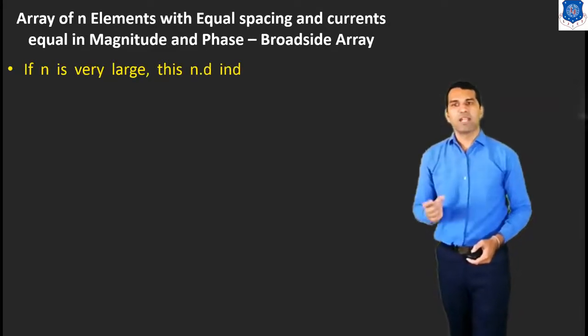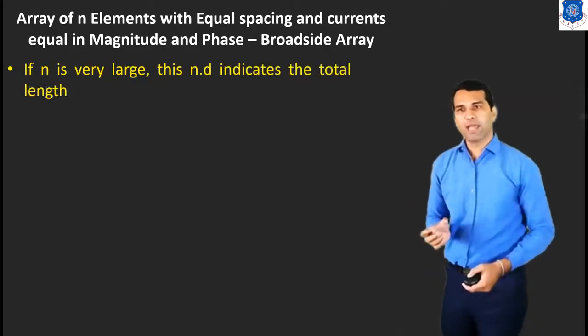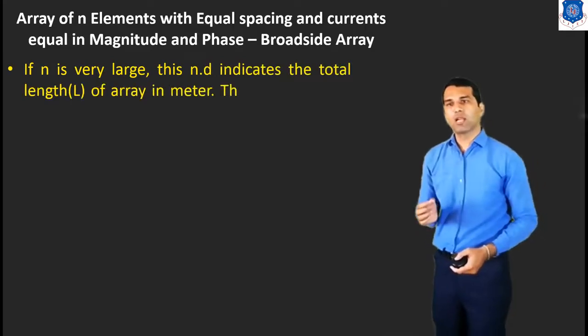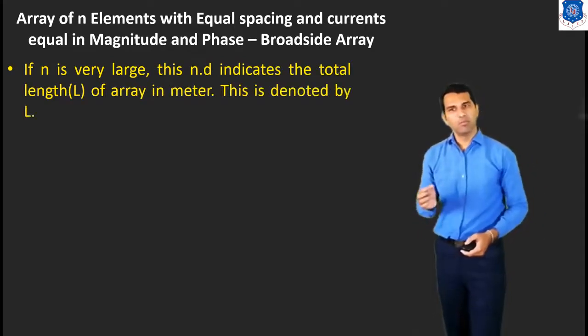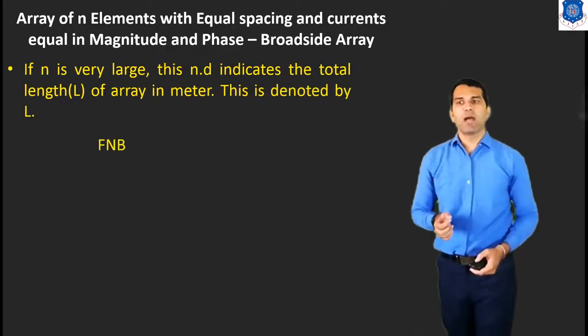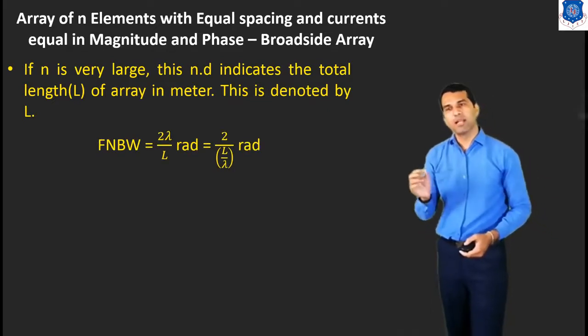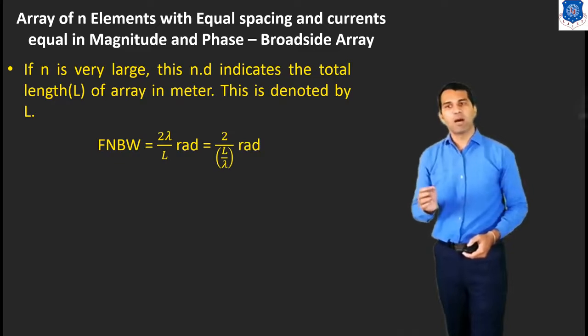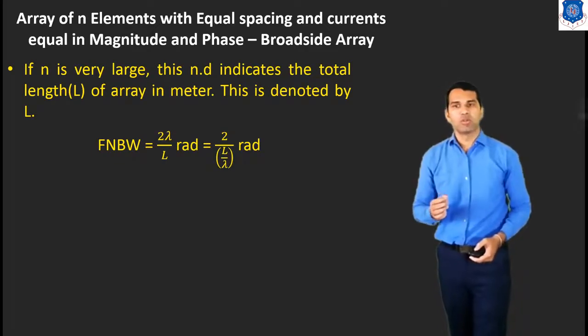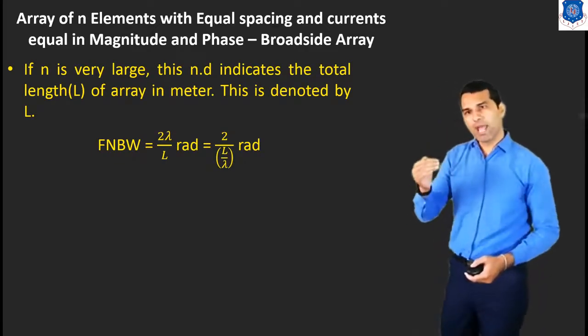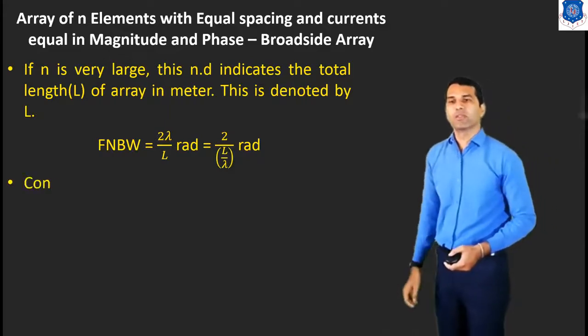If n is very large, then n into d indicates the total length of the array in meters. This is denoted by L. So we can write the FNBW equation in terms of length as 2 upon L by λ in radians.